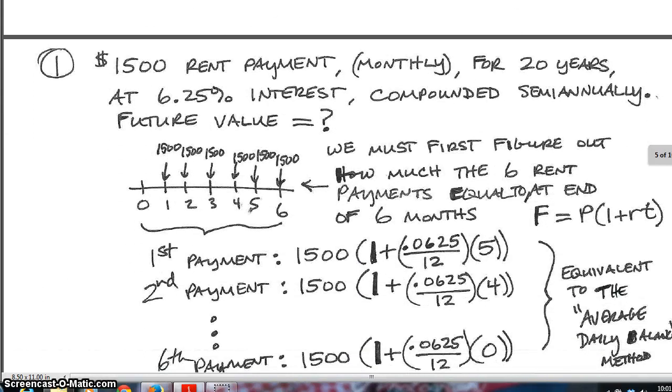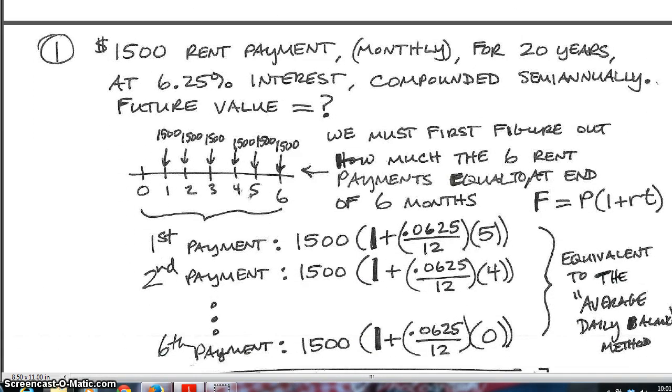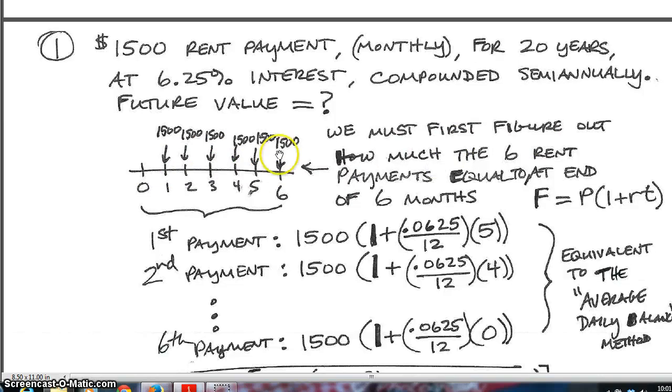Okay, so it's $1,500 rent payment monthly for 20 years, 6.25% compounded semi-annually. So the first thing to realize is, imagine just a 6-month period. Those $1,500 at the end of each month, those are accruing simple interest because there's no interest payment until the end of the 6 months.